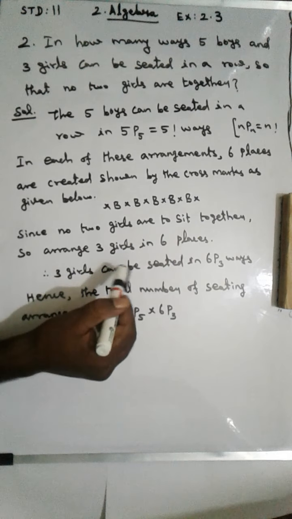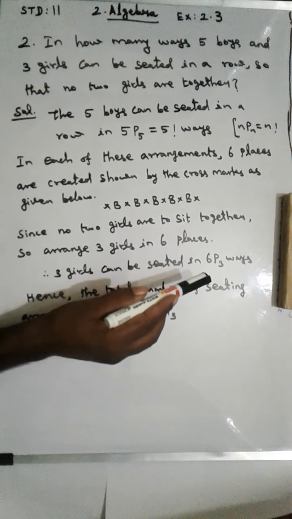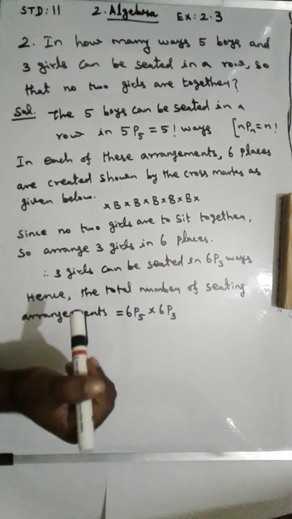The total number of things is 6 and we choose 3 girls, so 6P3 ways, permutations.